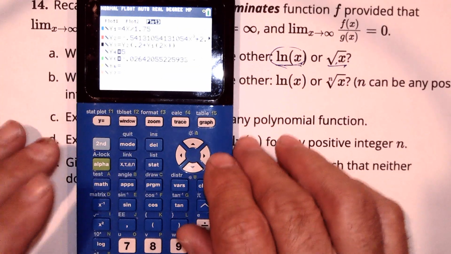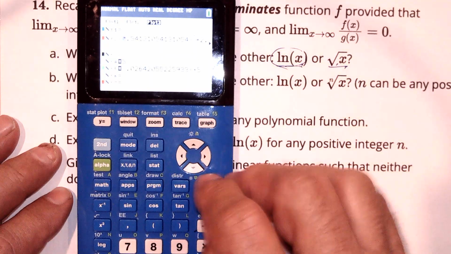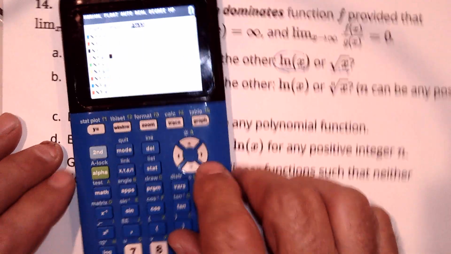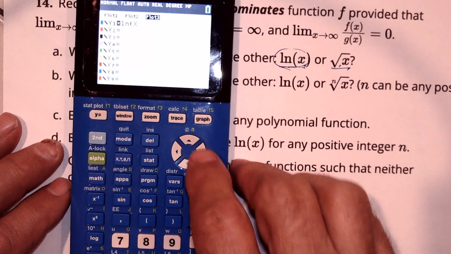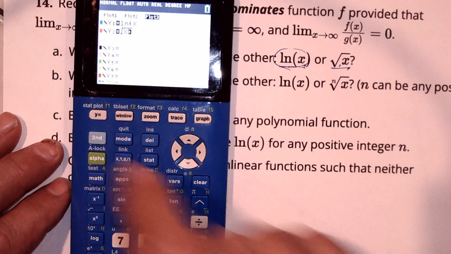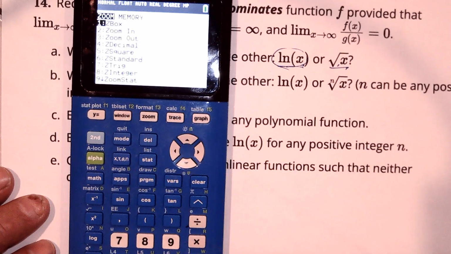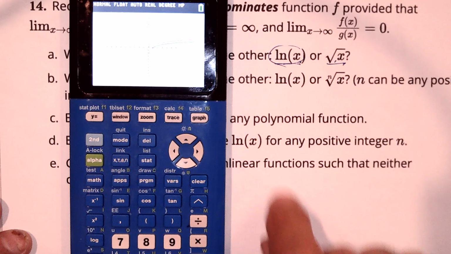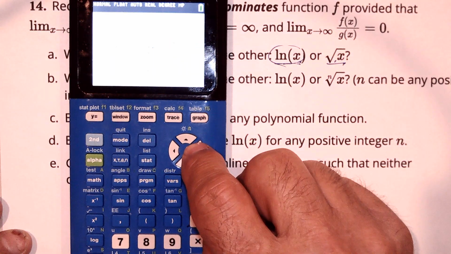So go to y equals and we'll look at ln of x and square root of x. Zoom 6. There's ln. There's the square root. And it looks like the square root stays above the ln.